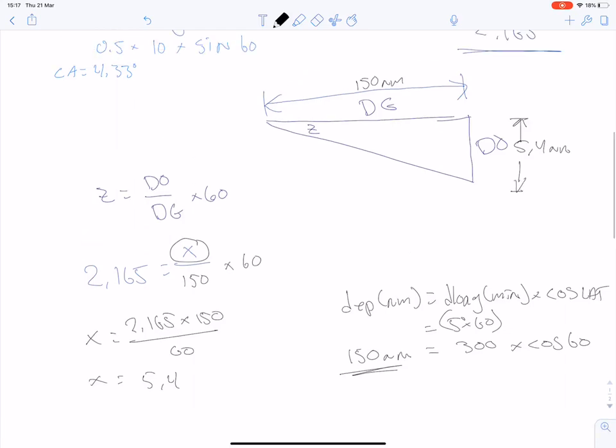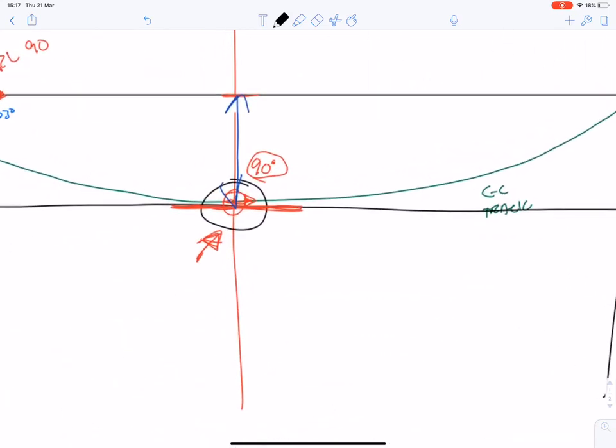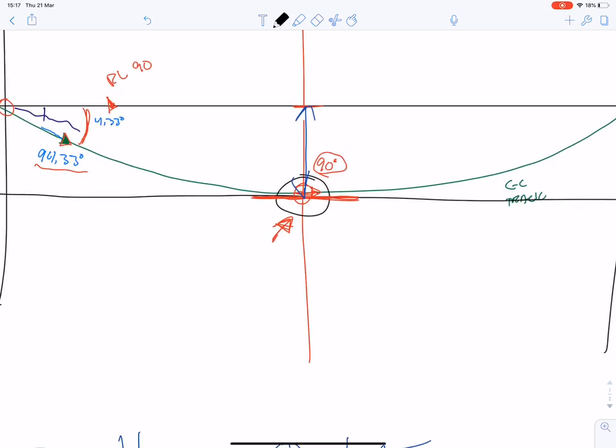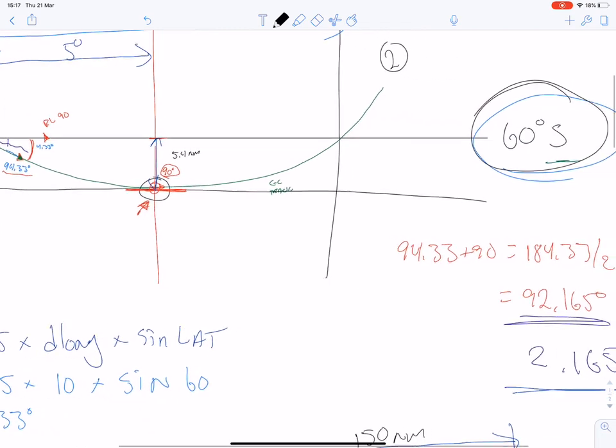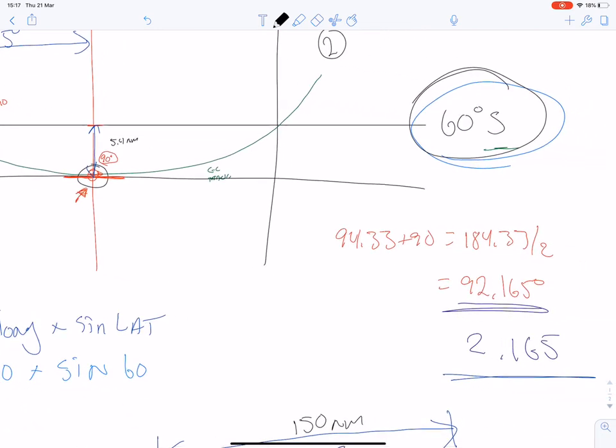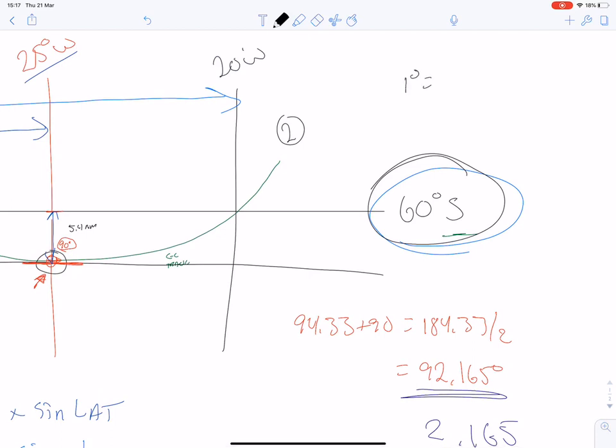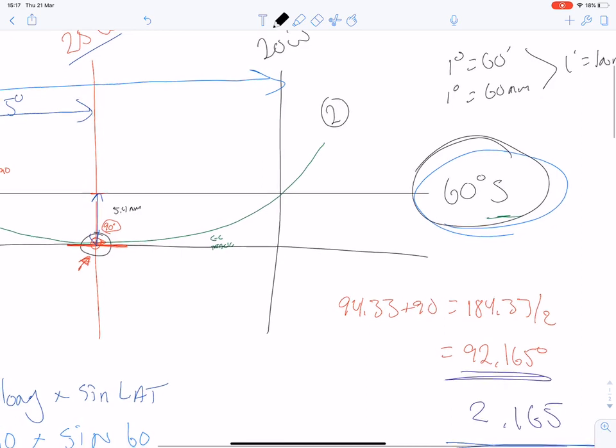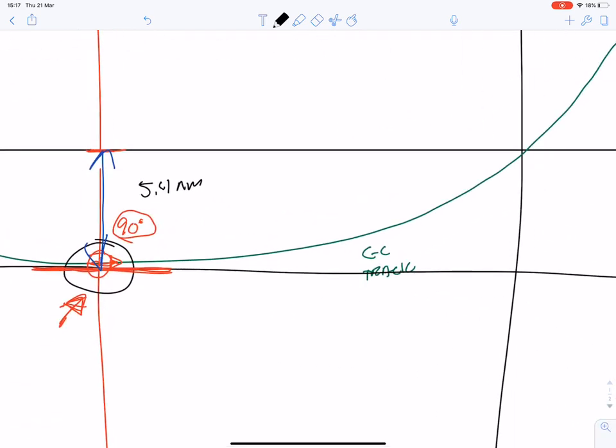All right, so now let's have a look at this case here. 5.4 nautical miles. We know that it's a latitude. 1 degree is 60 minutes, 1 degree is 60 nautical miles. Therefore, 1 minute is 1 nautical mile. Therefore, 5.4 nautical miles is 5.4 minutes, isn't it?